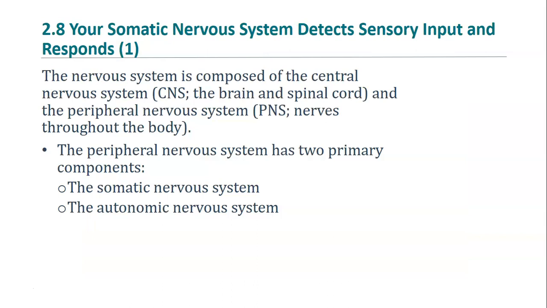Let's now move on to the peripheral nervous system. As noted before, the peripheral nervous system consists of all of the nervous system that is outside of the brain and spinal cord. And the peripheral nervous system is broken into two main components: the somatic nervous system and the autonomic nervous system.